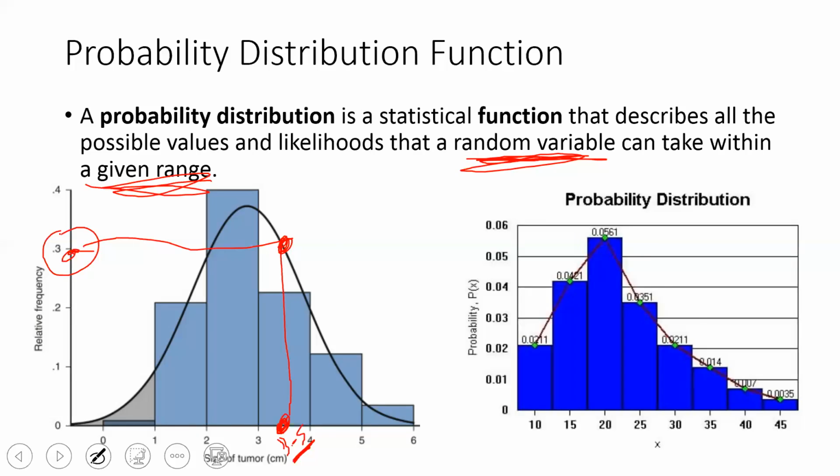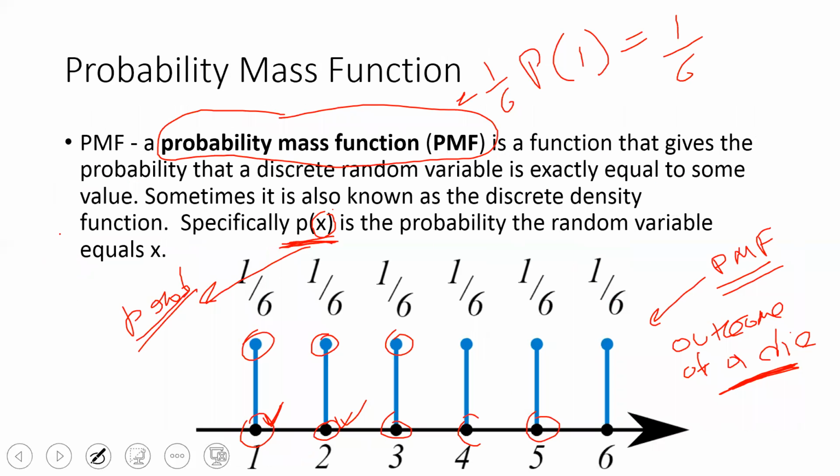So the probability mass function contains all the random variables and the probabilities of those variables.